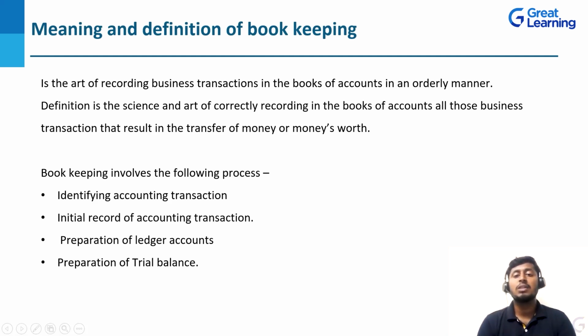A ledger account is nothing but the individual account for individual items, that is for assets, liabilities, expenses or persons, and we maintain a separate ledger account for each. The format is date, particulars, amount, correct? With that format we post all the journal entries into ledger accounts, and there we will get the closing balances of all the individual accounts.